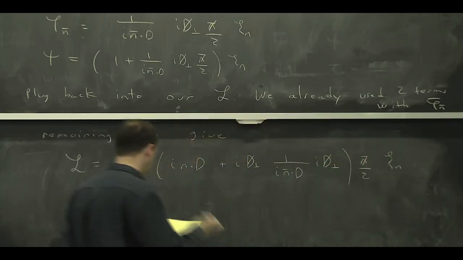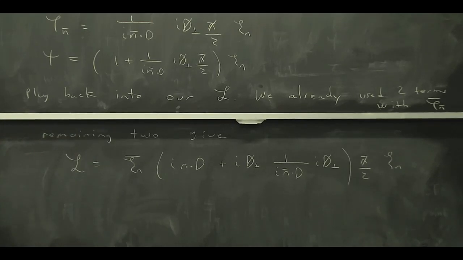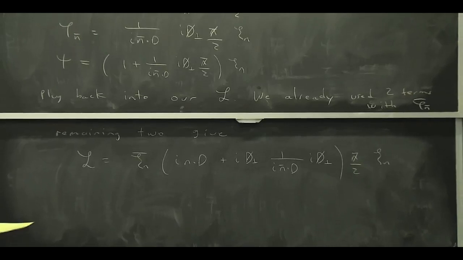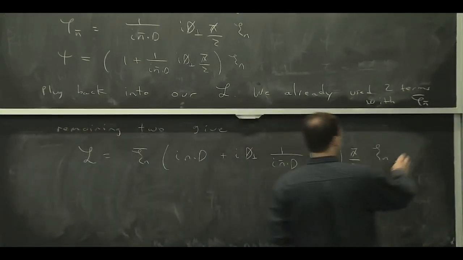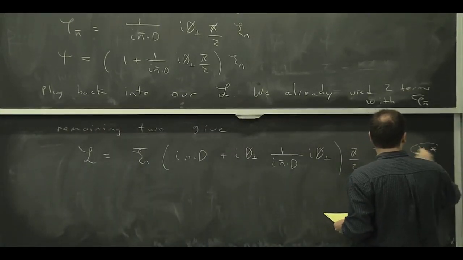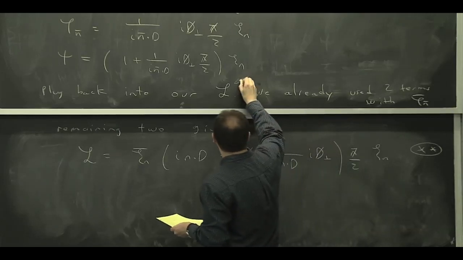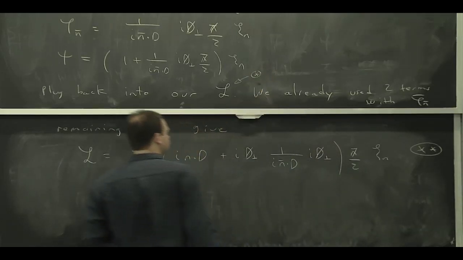You have that. Okay, so this is the Lagrangian. It's just in terms of the Cn field. We'll call it double star. The previous one was supposed to be star.